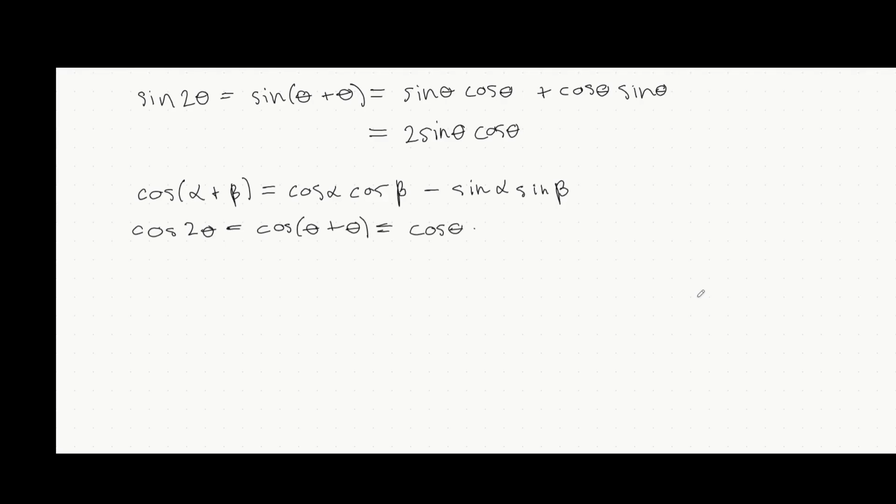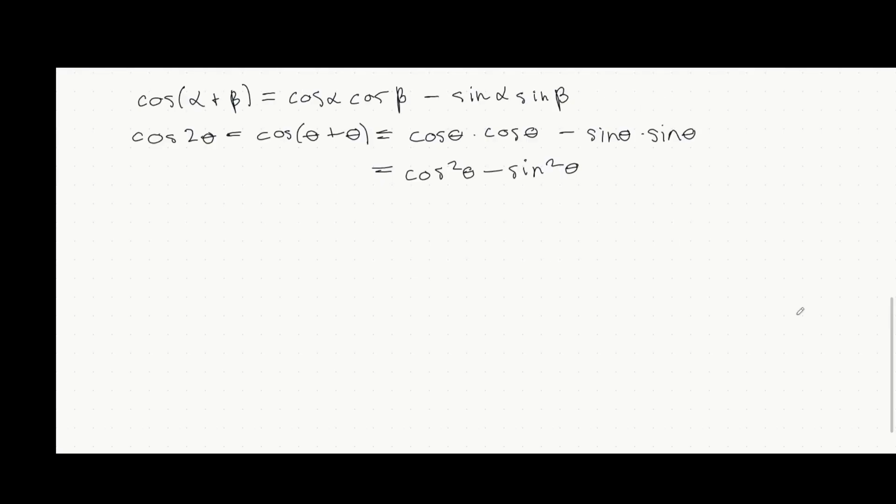So cosine theta times another cosine theta minus sine theta times another sine theta, which is cosine squared theta minus sine squared theta.